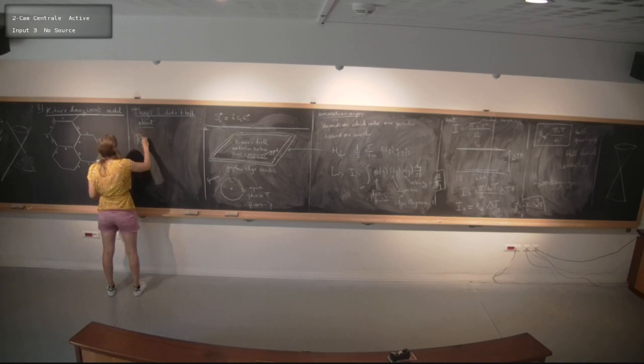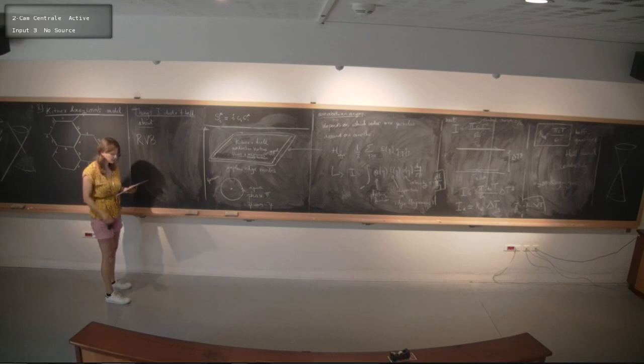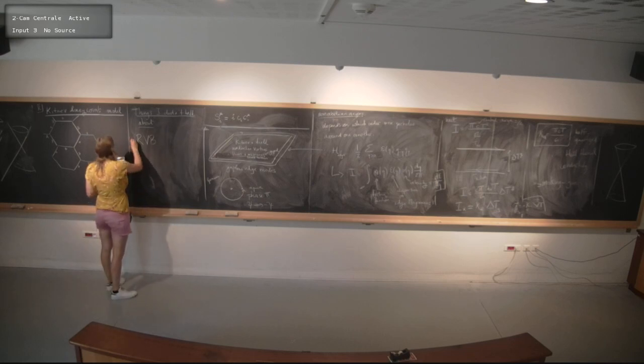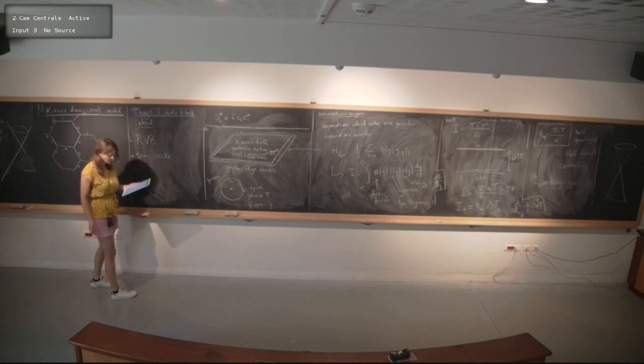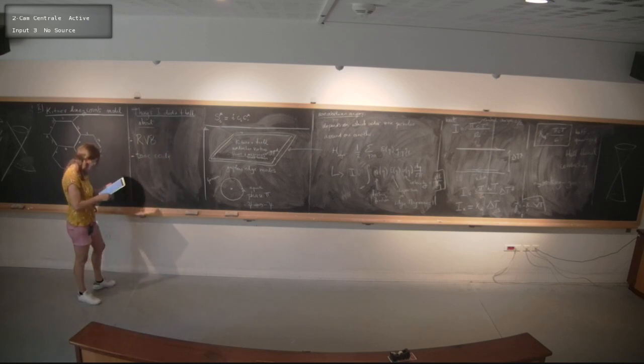So there is resonating valence bond, which was what actually Colin showed you yesterday. This was the first example of a spin liquid. It's due to Anderson. There's the toric code. This is kind of basics you should know for quantum spin liquids.